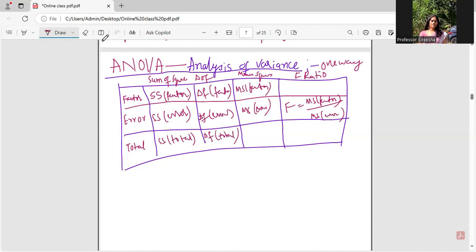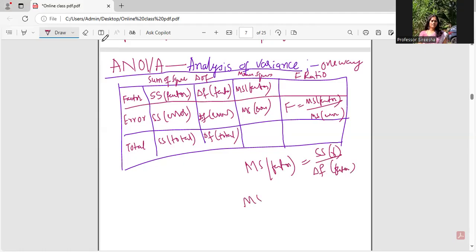The broader things are factor, error and total, guys. Of course, for factor, sum of squares I'll find, degrees of freedom I'll find. Finally, I'll take the ratio. I'll just write first what is MS factor, you'll understand what I'm talking about. MS factor is nothing but the ratio of SS factor by DF factor.